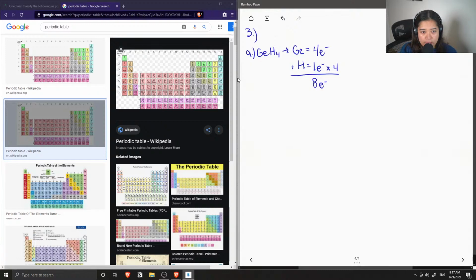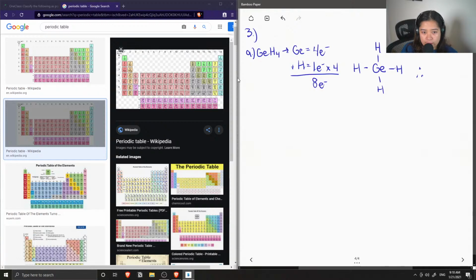So if we draw out the Lewis structure, we have our germanium in the middle. And then we just have our 4 hydrogens single bonded. And if we count out all the electrons I've drawn so far, you'll see that I already have my 8. And you'll also see that everything is symmetrically around the germanium, all the hydrogen atoms.